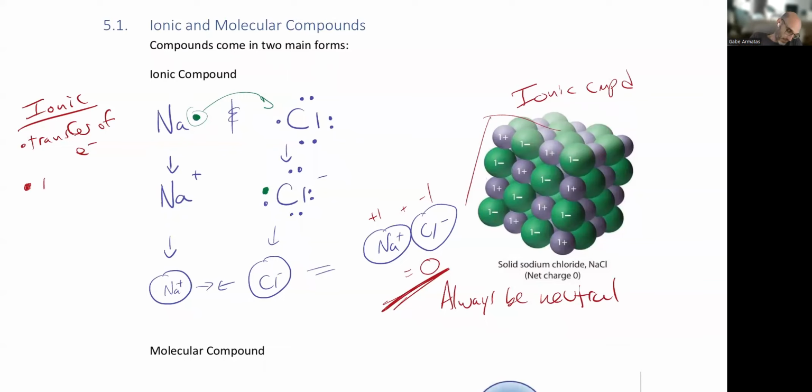An ionic compound is always going to be between a metal and a nonmetal. In fact, if you see a metal, you know you have to think this is an ionic compound. Okay, and then finally, they're always going to be neutral. So we're going to add enough positive and enough negative to make sure that things are neutral.